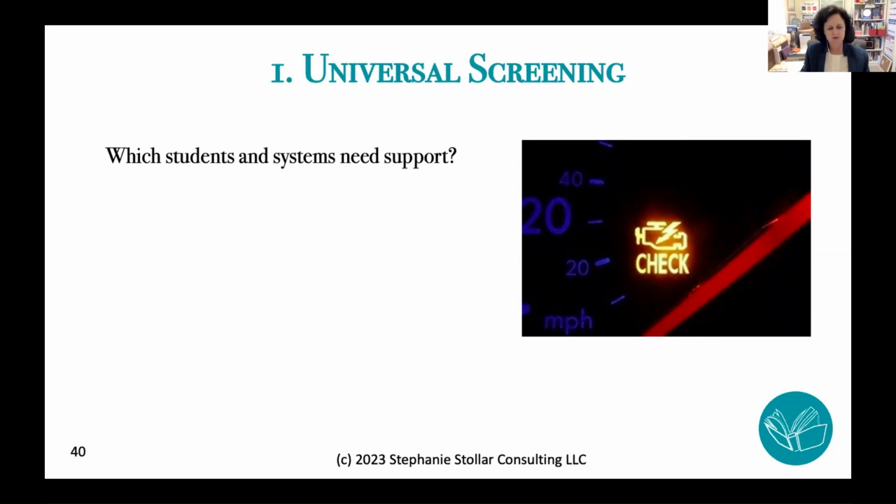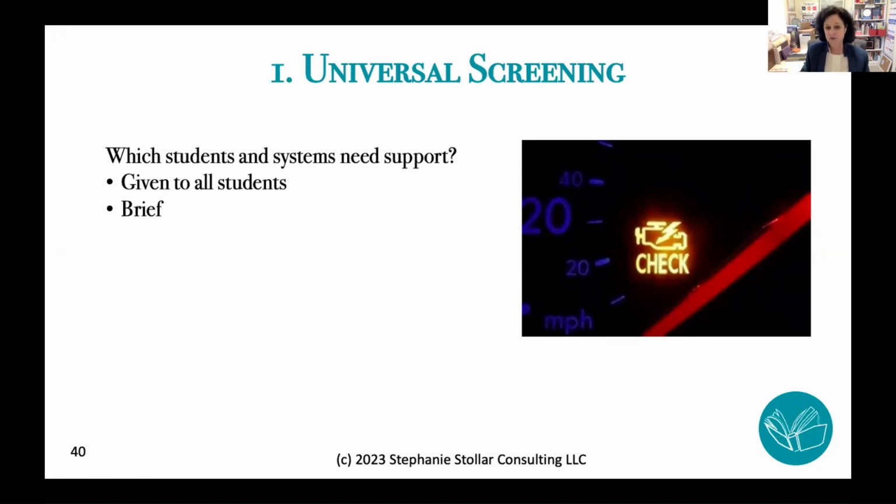You can think about screening like the check engine light on your car's dashboard, or you can think about screening like the health screeners that are commonly used, temperature, blood pressure, and so on. These are given to all students on a regular schedule. Everybody gets the same screening assessments.